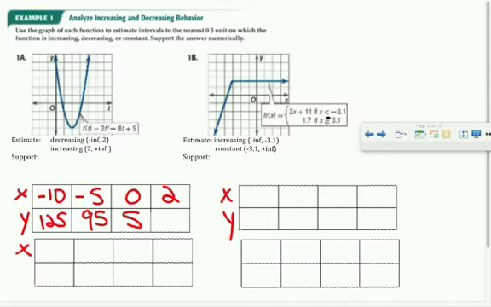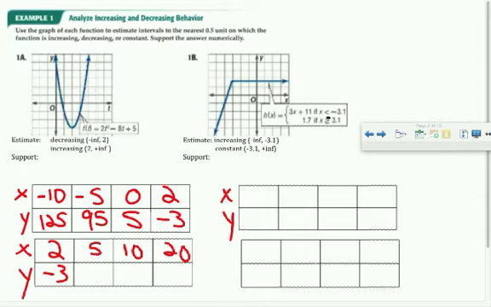And what I've just supported is that this function appears to be decreasing from negative infinity to positive 2. Now I want to verify or support that the function is increasing from positive 2 to positive infinity. So I already know that my 2 value of the function is negative 3. Going towards positive infinity, I might use 5, 10, and 20.